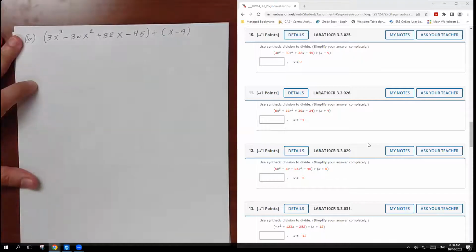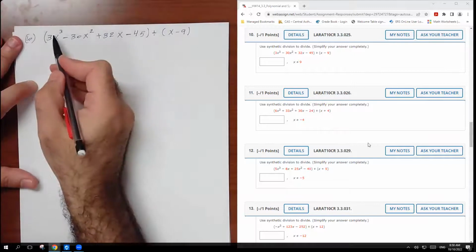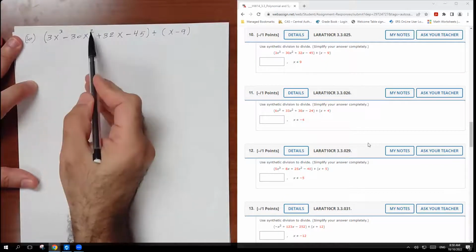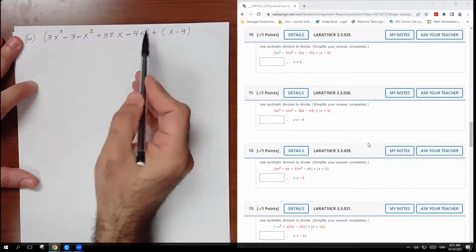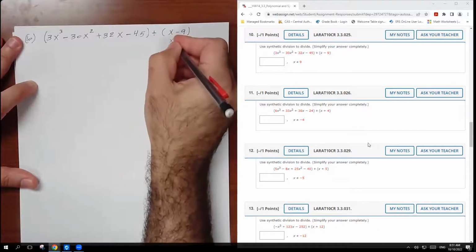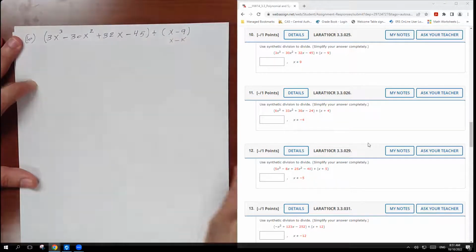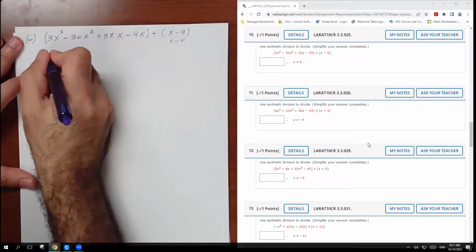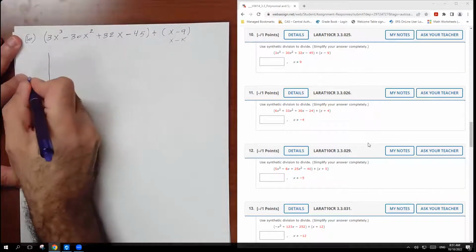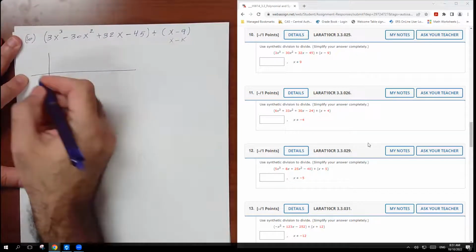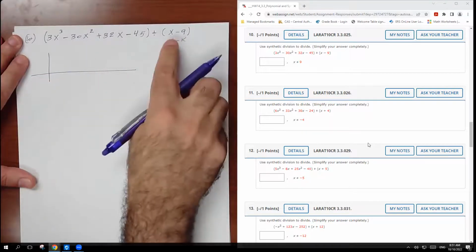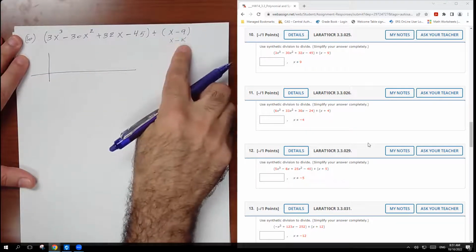I'm going to look: do I have a missing term? x cubed, x squared, x, and the constant. This is x minus k. That means I'm going to write down the coefficients, and there is no missing term. I'm going to write down k here, x minus k, x minus 9.